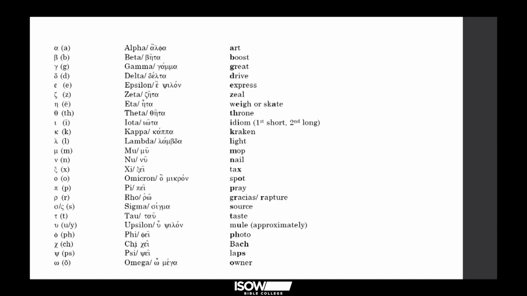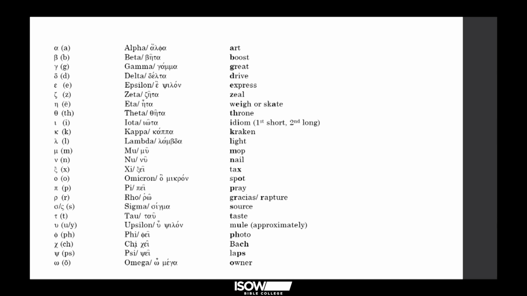Lambda will be pronounced like L in English, like light. Mu will be pronounced like an M, as in mop. Nu will be pronounced like an N, as in nail. Xi will be pronounced like an X in tax. Omicron is going to be pronounced like an O in English, like the O in spot.